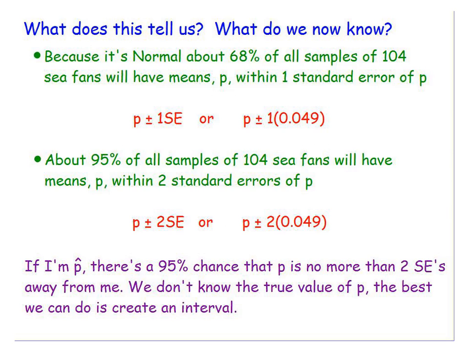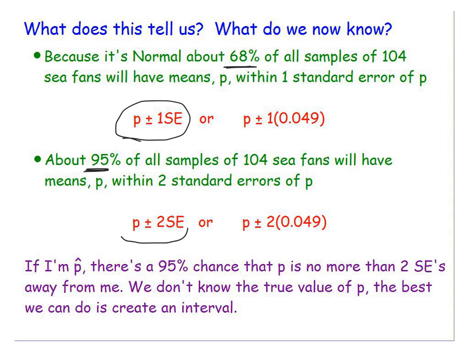So here's what we know. Because it's a normal model, about 68%, that was our first cutoff, of all samples of CFANs will have means P within 1 standard error of P. So P plus or minus 1 standard error represents 68% of our samples. 95%, there's those cutoffs, of all samples of CFANs will have means within 2 standard errors.